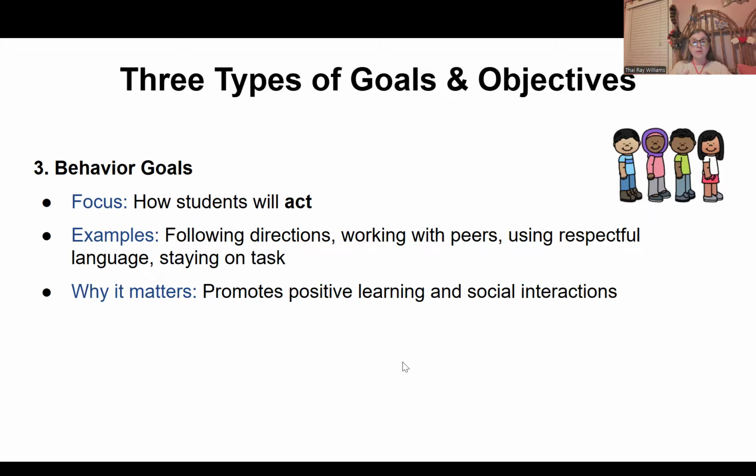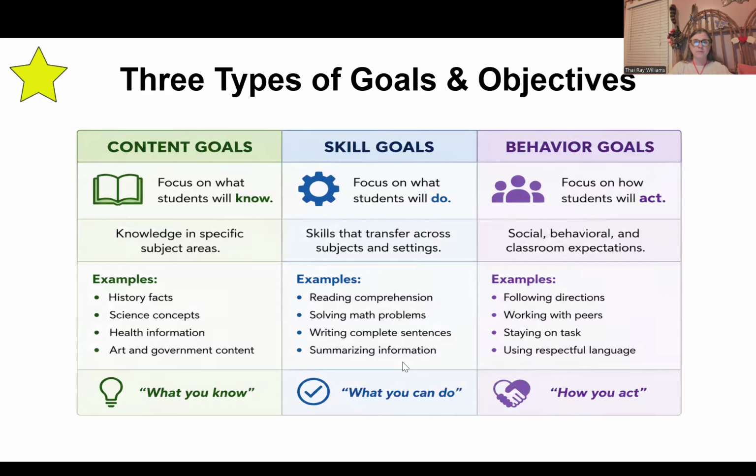The purpose of behavioral goals is that when students engage in appropriate behaviors, it provides a positive and safe learning environment, and it supports social interactions. I'm sure that we have all seen, known, or worked with students who have gaps in their behavioral skills, and that's impacted things like friendships or the safety in the classroom.